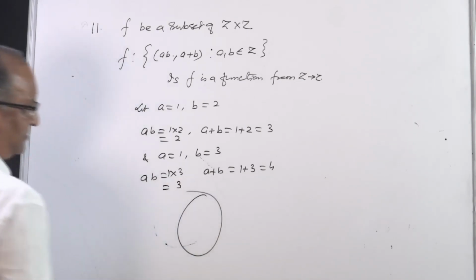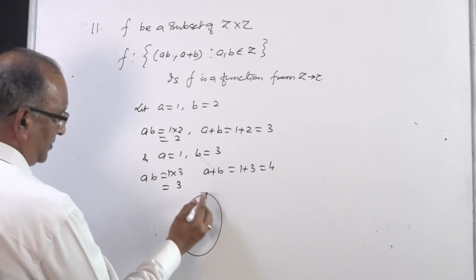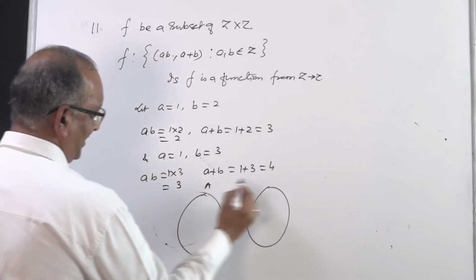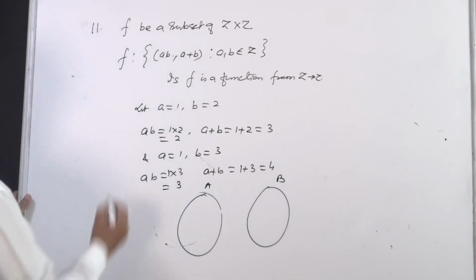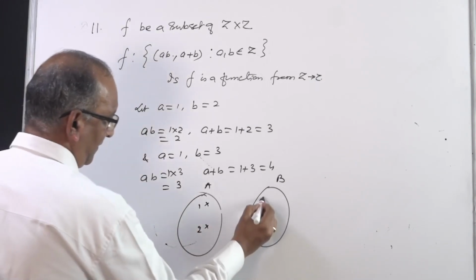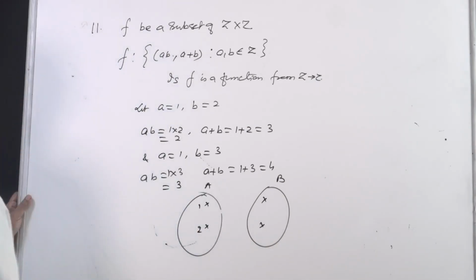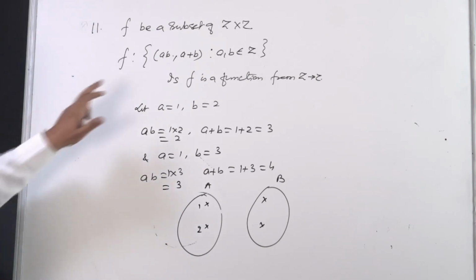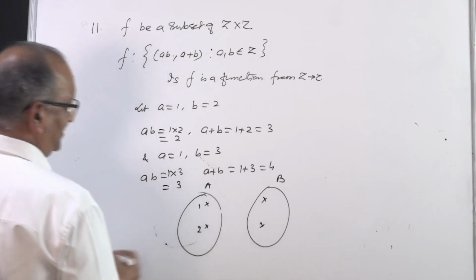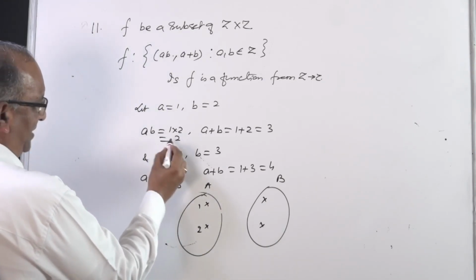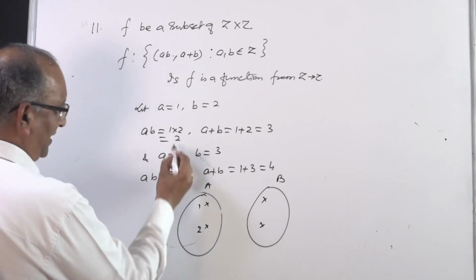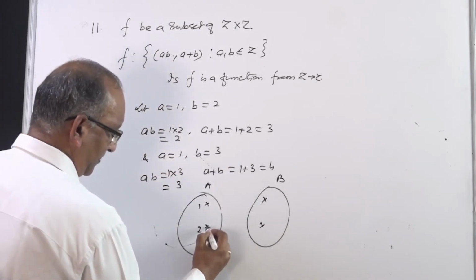Here we have two sets, let us say A, let us say B. AB to A plus B, this is the relation. So if it is AB, that is 2, 2 has got image on 3.